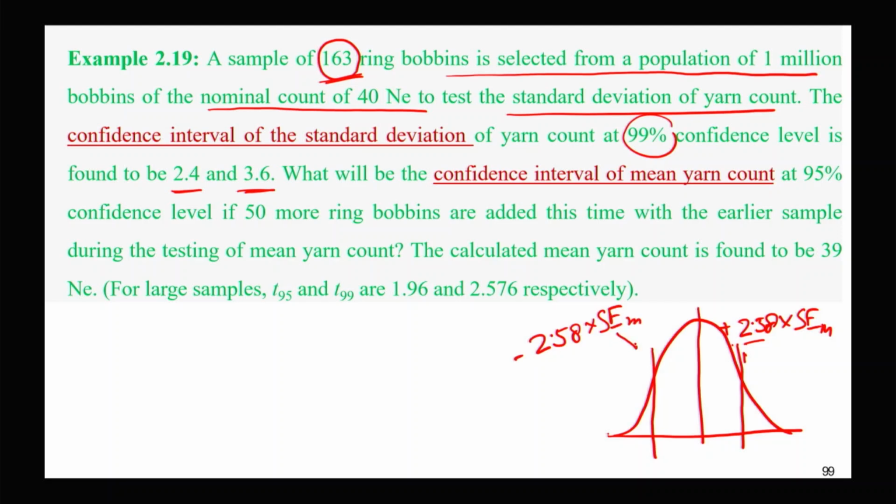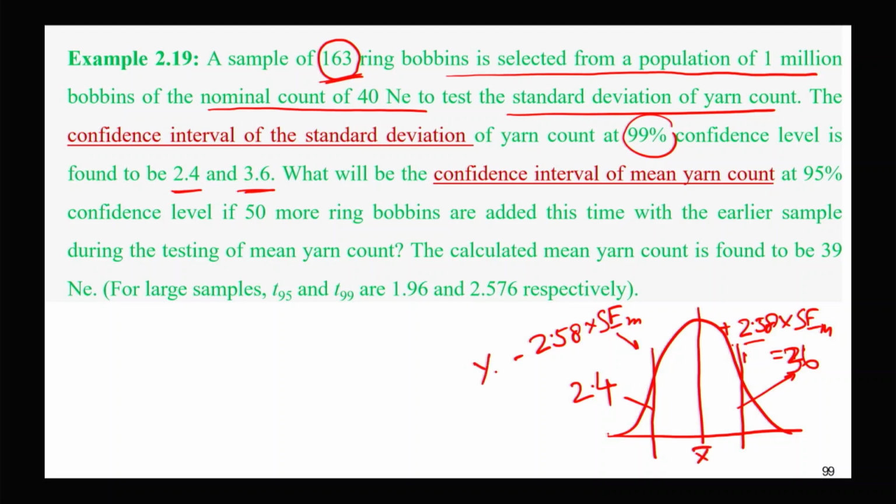So this is the range. This value is 3.6 and this value is 2.4, and x bar is the mean value.